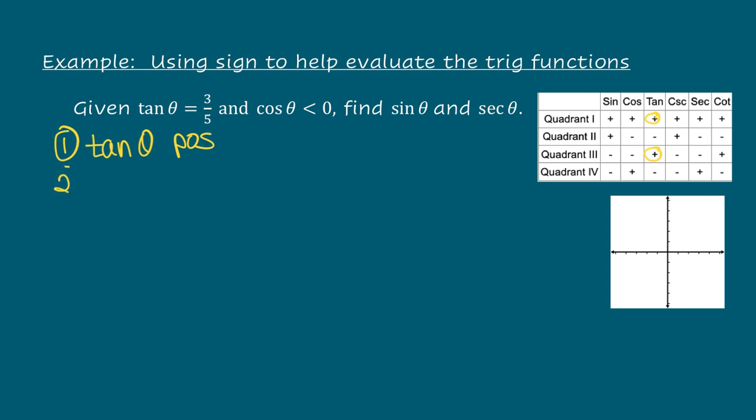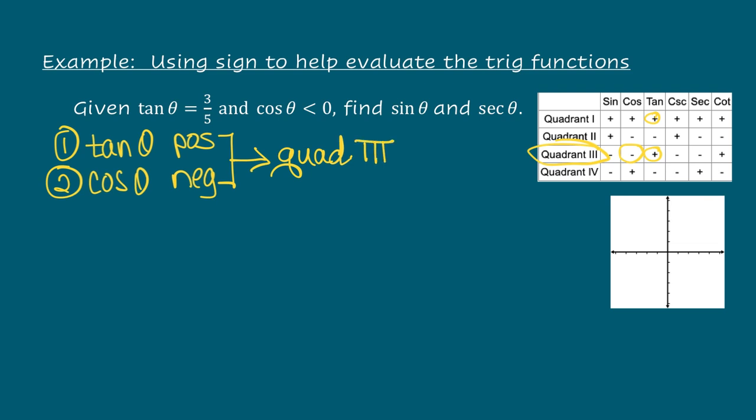And I know that cosine theta is negative. So that's going to finish it off for me. That's going to narrow it down. So my cosine theta that's negative is going to put it right here. So I am going to be in quadrant 3. That's where my angle is.